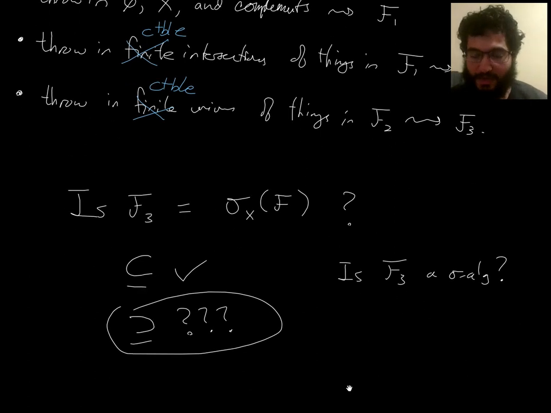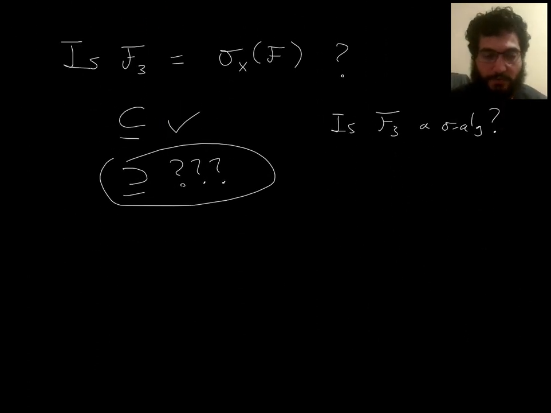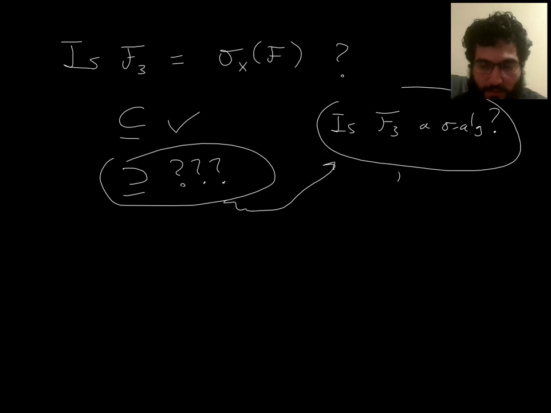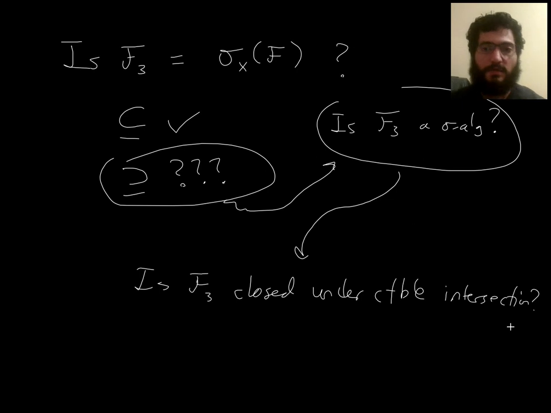So the question of whether F3 is a sigma algebra reduces to this, which reduces to the question: is F3 closed under countable intersection?